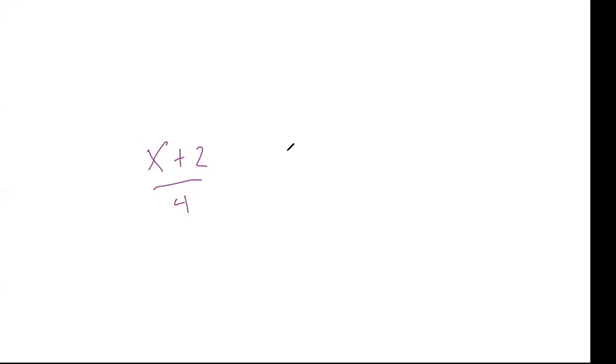Yeah. Do we have to separate them also? I understand what you're saying. So you're saying that I wrote this as x over 4 plus 2 over 4, and then I went even further and I wrote it as 1/4 x plus 2/4, which would be 1/2 in this case.